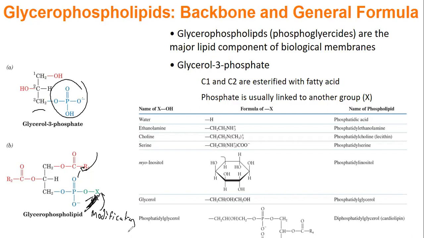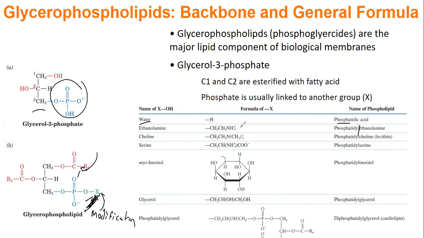And based on the modification, you get different names of that group. So you can just add an H there, so that's more or less just a water group, and you have phosphatidic acid. Phosphatidylethanolamine, you add an ethylamine group. And the naming system more or less follows that pattern. It's phosphatidyl, and then it just says what you are attaching to your phosphate. What type of head group are you attaching to your phosphate?